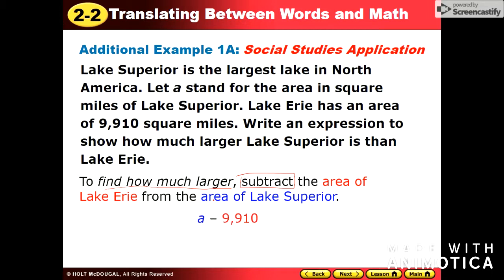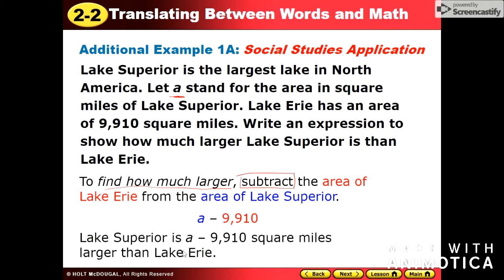In this case, it told us A stands for the area of Lake Superior, so it would be A minus 9,910. In other words, Lake Superior is A minus 9,910 square miles larger than Lake Erie.